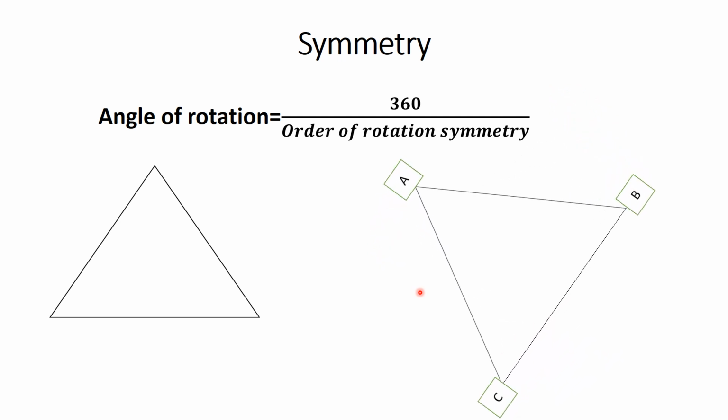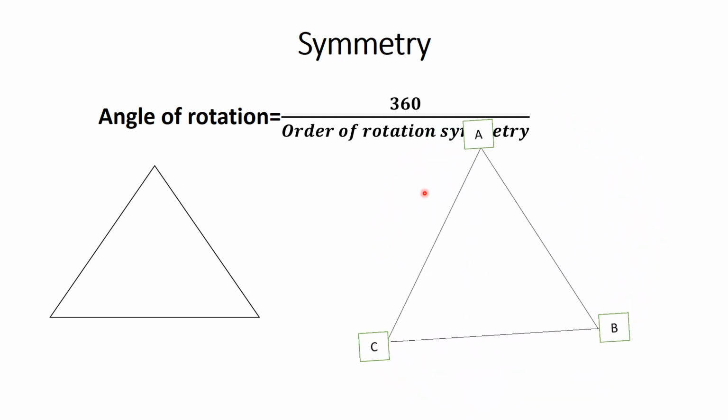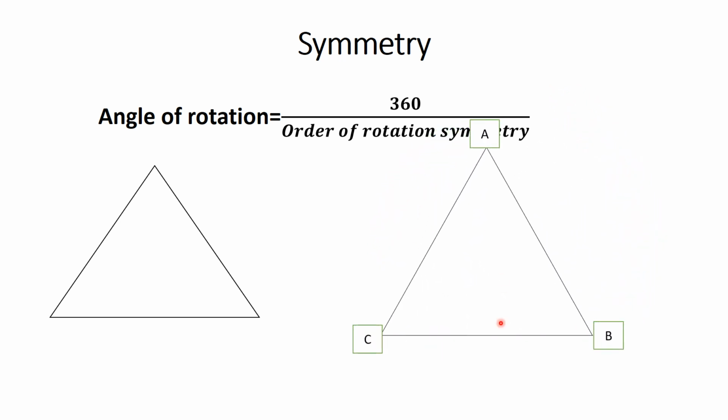So you can see A is going back to where it was till we are here. Okay, so this is the way it was at first. Okay, so we stop here, but even this we count, so it's 3. So this shape has a rotation symmetry of order 3. The angle of rotation, you do 360 divided by 3, which is going to be 120 degrees.